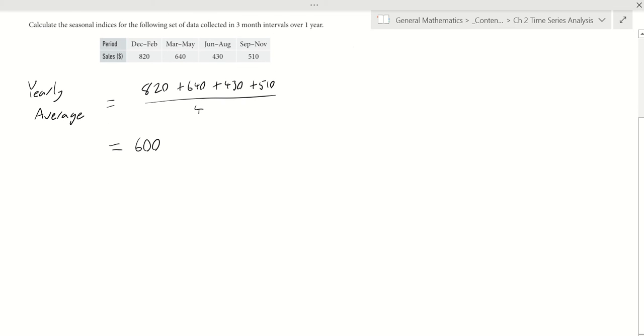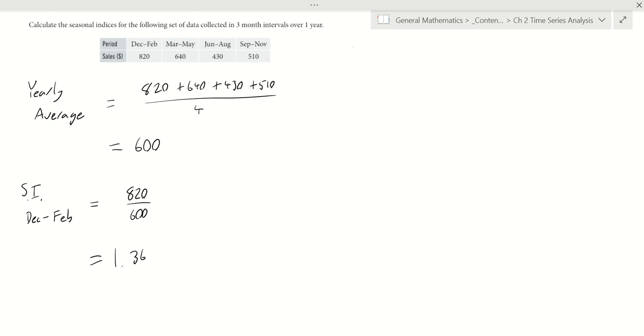So let's work out the seasonal index, abbreviated to SI, for December to February. All we do is take the value, in this case 820, and divide it by the average, which is 600. Since we're thinking like a percentage, we're going to round to 2 decimal places.